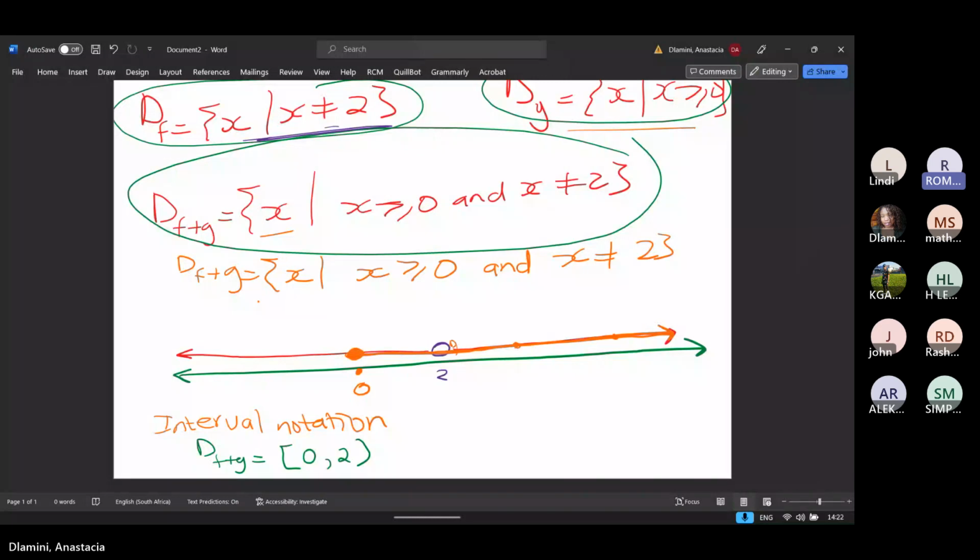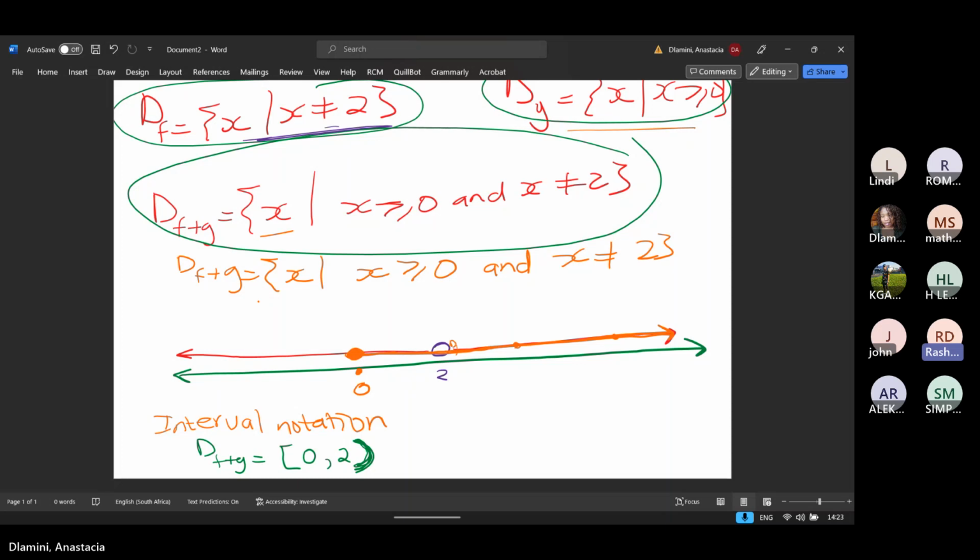The intersection is from 0 to 2, and the 2 is not included. You see, inside the circle, there's no red line. Only the orange line passes through. That's why we have this type of bracket and not a square bracket.